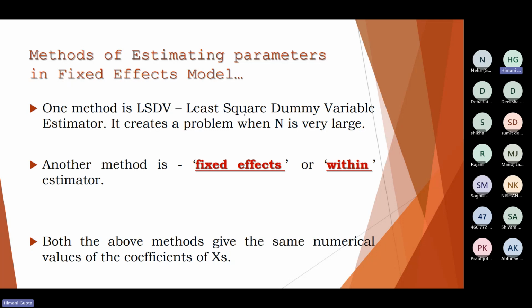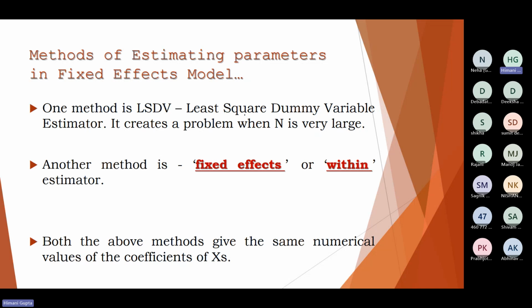For 2020, the dummy variable will be 1, and for the other two years it will be 0, 0. Again, I'll take one more for 22: I'll take 1 for 22 and 0 for 21 and 20. And again, one more dummy variable: 23 will be 1 and 22 and 21 will be 0.